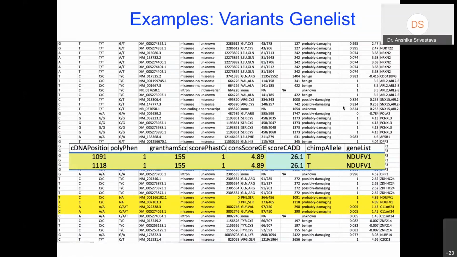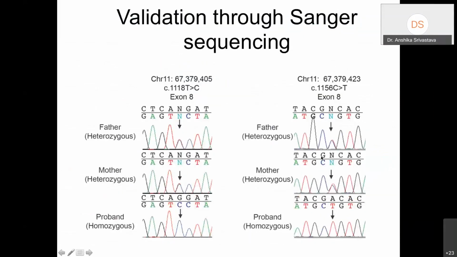But once you have identified the gene, what next? You will go back, take the samples of the individuals, and perform Sanger sequencing, because once you identify the gene of interest, you have to validate the variant also. In this case it was autosomal recessive, so both mother and father were heterozygous.